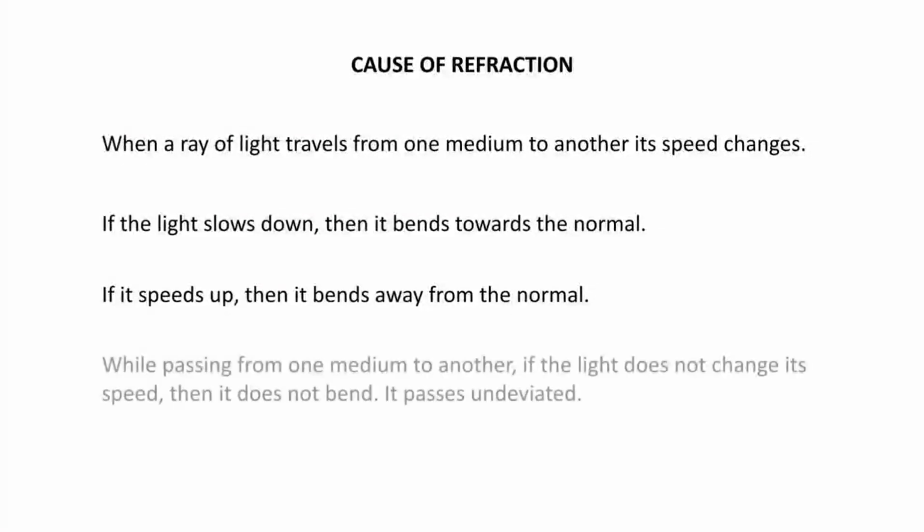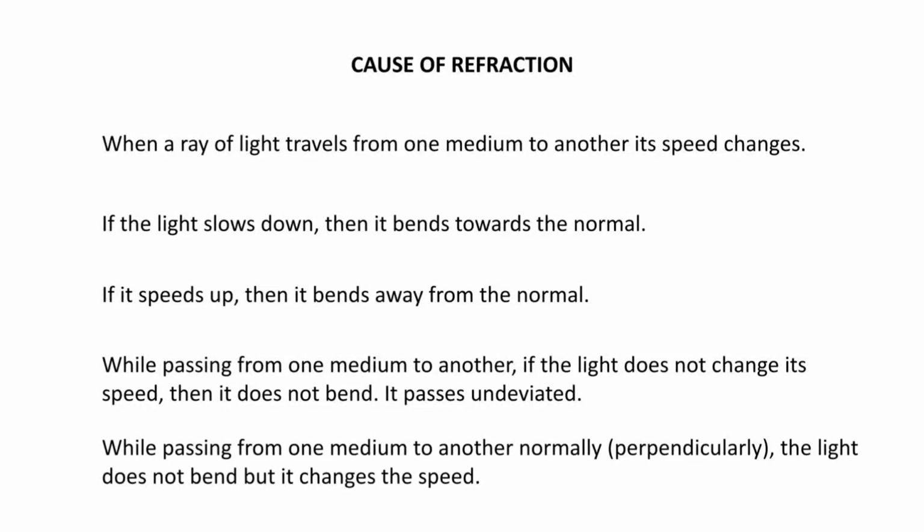And while passing from one medium to another, if the light does not change its speed, then it does not bend. It passes undeviated. While passing from one medium to another normally, that is perpendicularly, if the light does not bend, then it changes its speed.